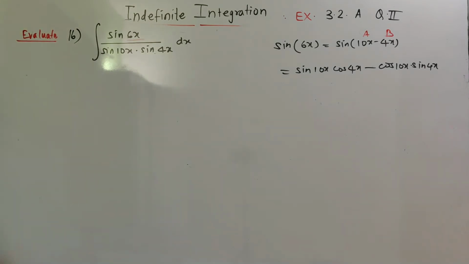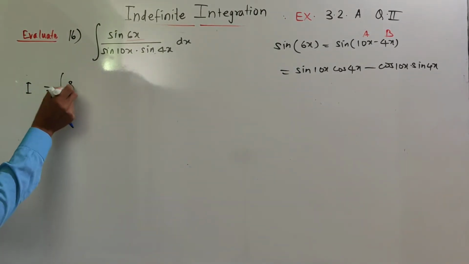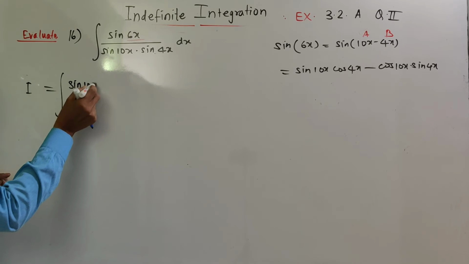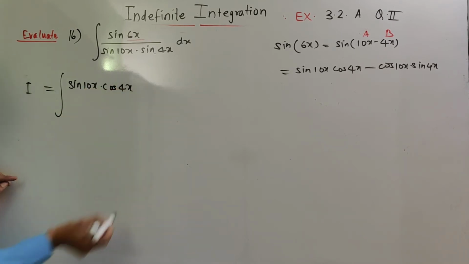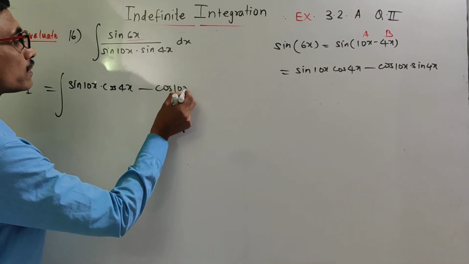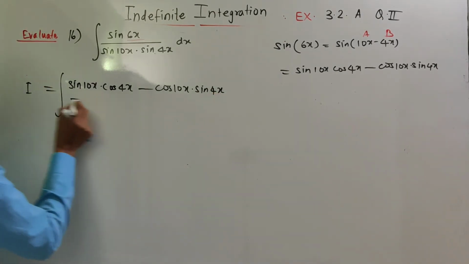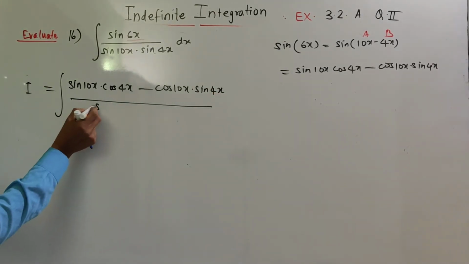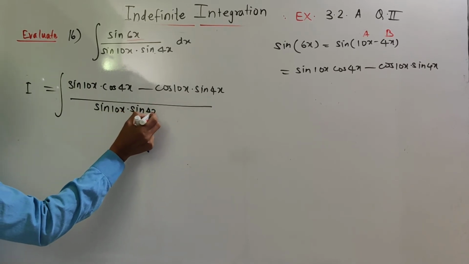So our numerator of the integral I will be sin 6x, which is sin 10x into cos of 4x minus cos of 10x into sin of 4x, and the whole denominator is as it is, sin 10x into sin 4x dx.